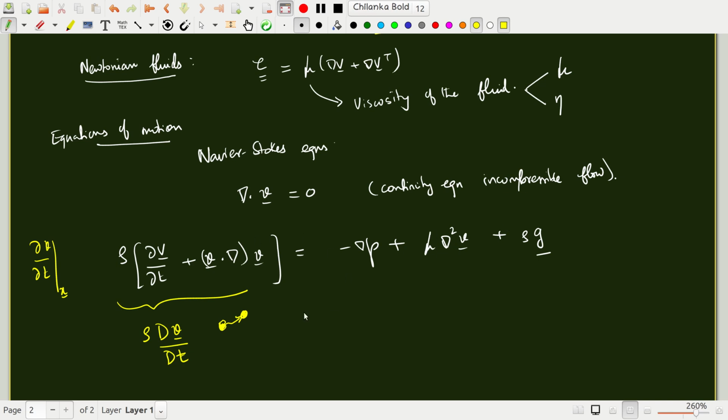Okay, the left side is simply mass times acceleration per unit volume, and the right side has the sum of all the forces acting on a fluid element. These are the pressure gradient forces or pressure forces. These are the viscous forces due to fluid viscosity, and these are the body forces due to gravity. There can be other body forces also if you have electric fields or magnetic fields and so on, but we will not include them here.